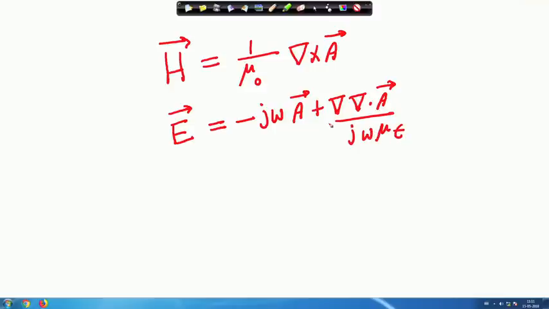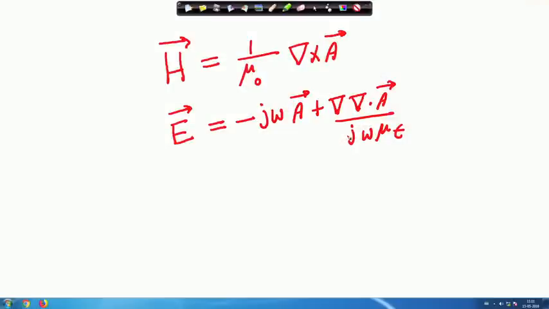So, I know A, so E can be obtained. Or you can first find out H, then put the H into Maxwell's equation, or directly from here also you can find out. So, this is the whole journey that we can solve for the radiation, but we have not evaluated this.